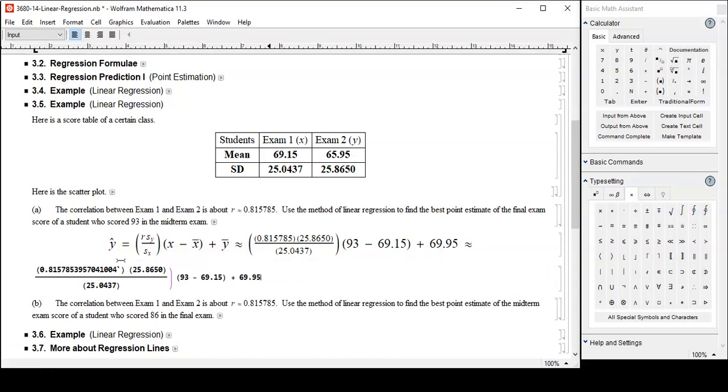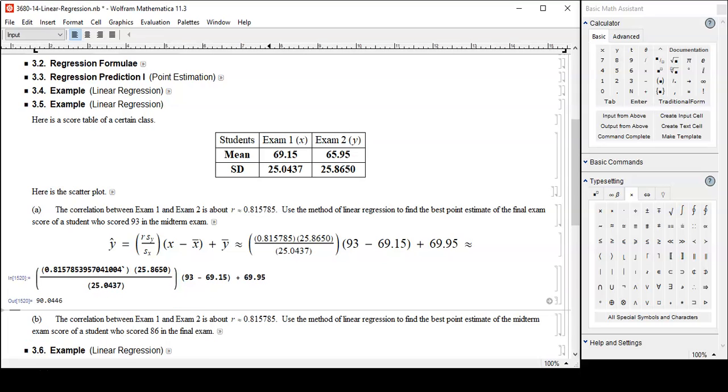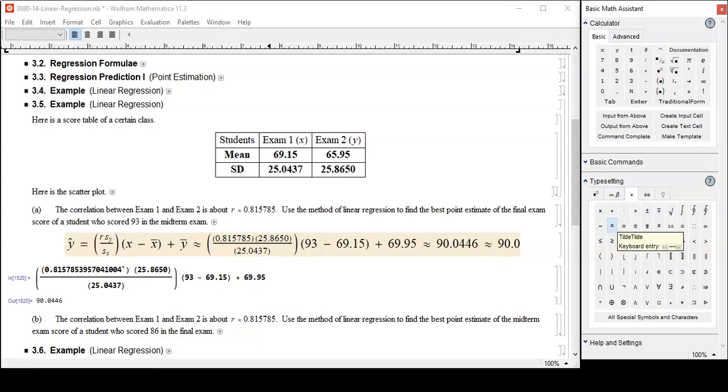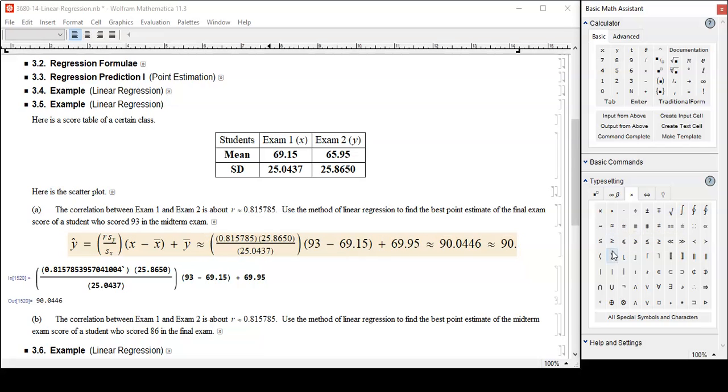Punch in the calculator. I'm missing a parenthesis. 90.044 something. I'll simply say 90, approximately speaking.